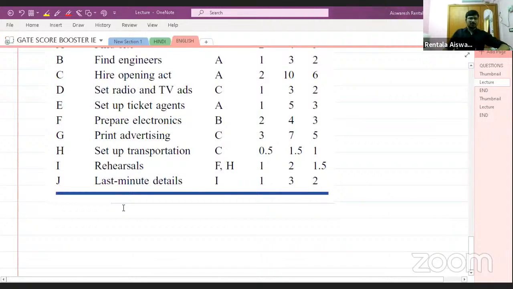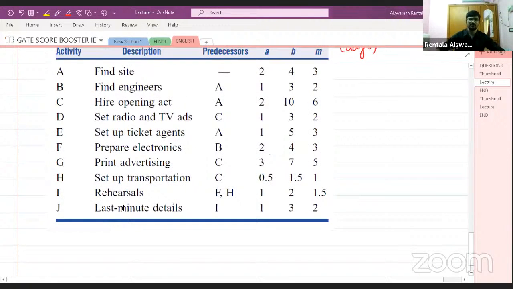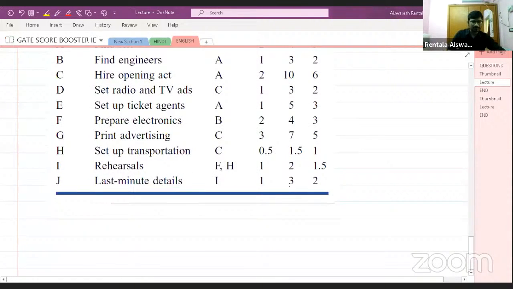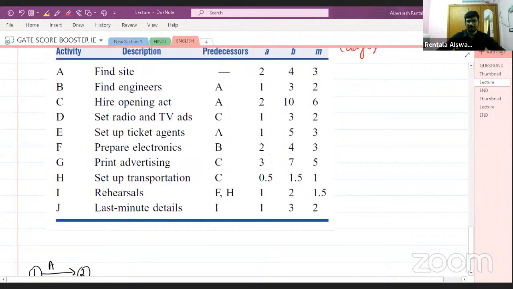Right. Let us draw the network diagram. So many activities you can see, but it is not that difficult a network diagram. So let me start a little bit from the left. 1 to 2. So this is activity A, which is not having any predecessor.